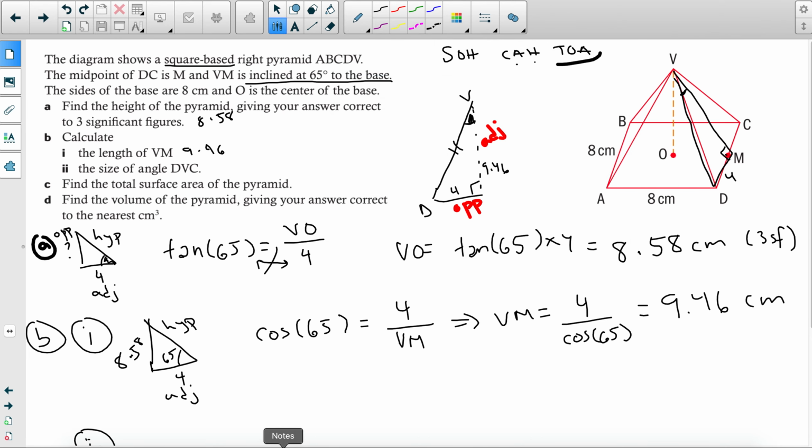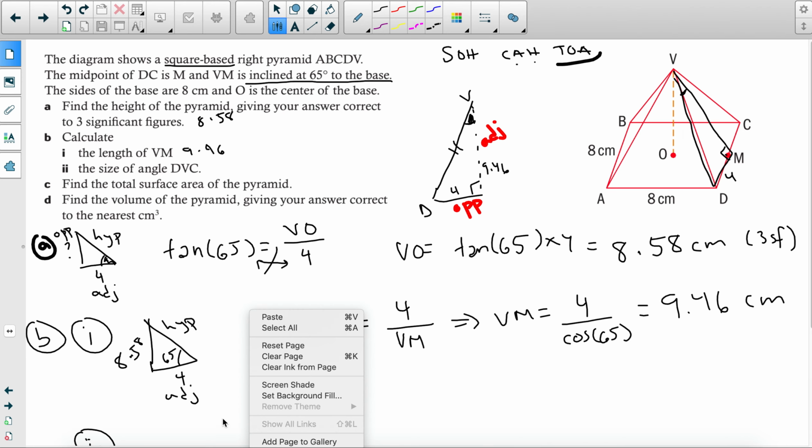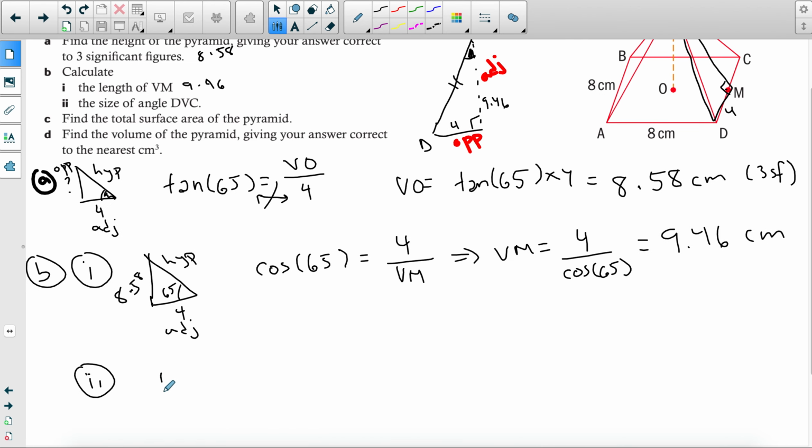And so we have that tan of the angle we don't know equals the opposite, which is 4, divided by the adjacent, which is 9.46.